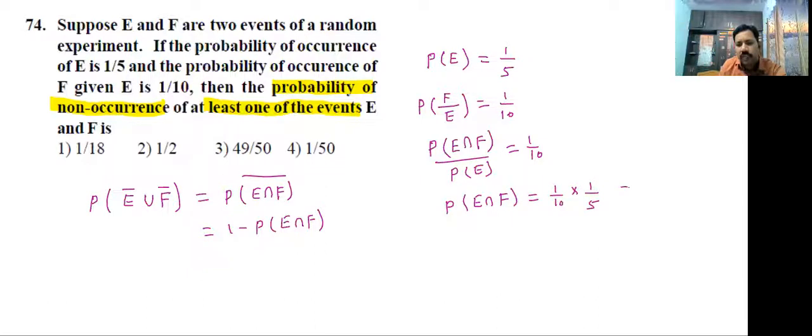This totals 1 by 50. Substitute here: 1 minus 1 by 50. What is the answer, students? 49 by 50. So the third option is correct.